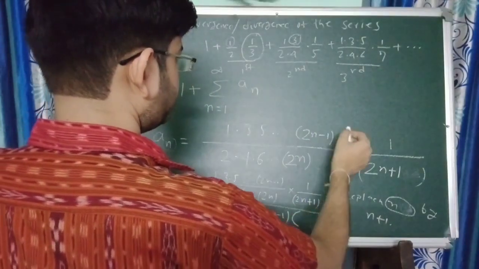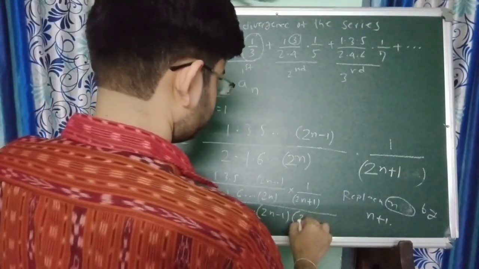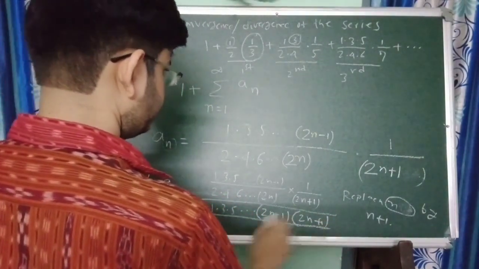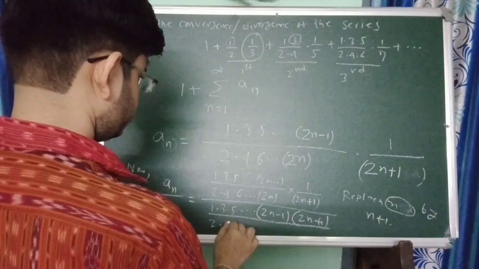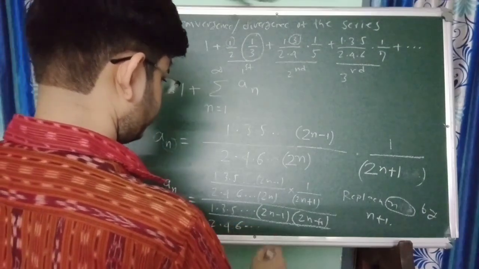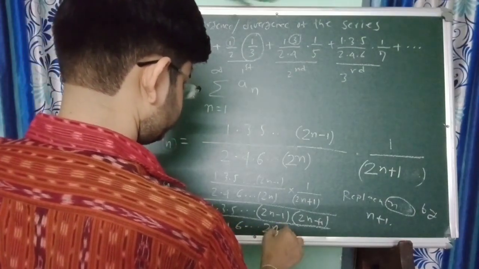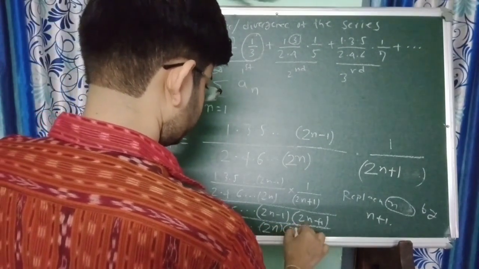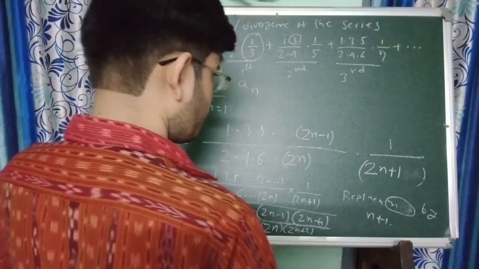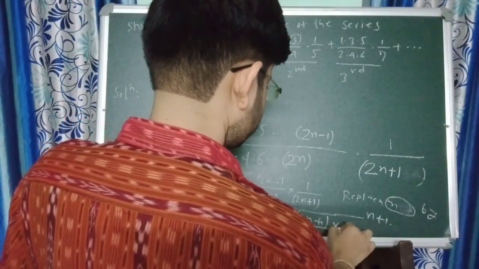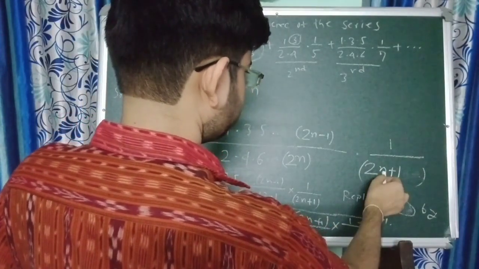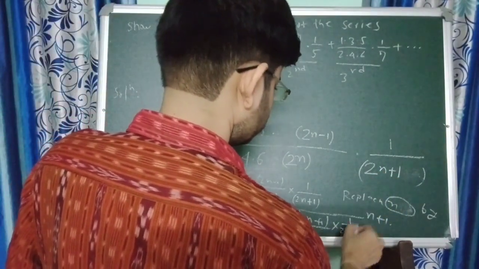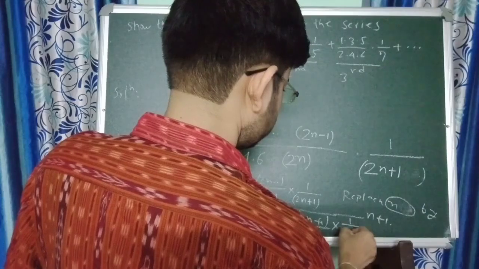Here we replace n by n plus 1, then this becomes 2n plus 1 divided by 2, 4, 6 up to 2n, and replace n by n plus 1, that is 2n plus 2, and replace n by n plus 1, so 2n plus 2 plus 1, which is 2n plus 3.